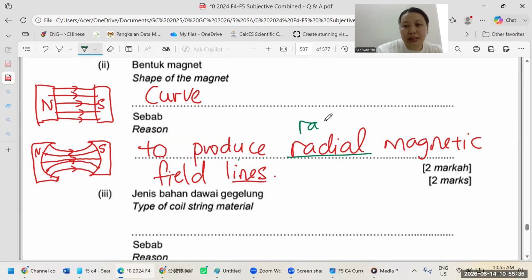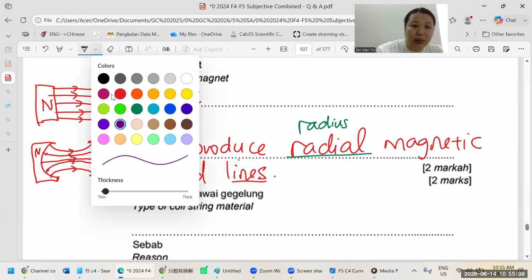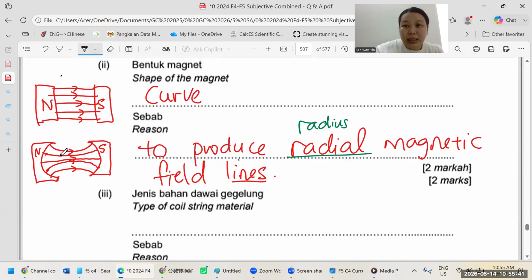Radial means radius. Why do we want to do that? Because the coil turns in a circle. See, the coil turns in a circle. So when the coil turns in a circle, a radial magnetic field line can interact at maximum rate.